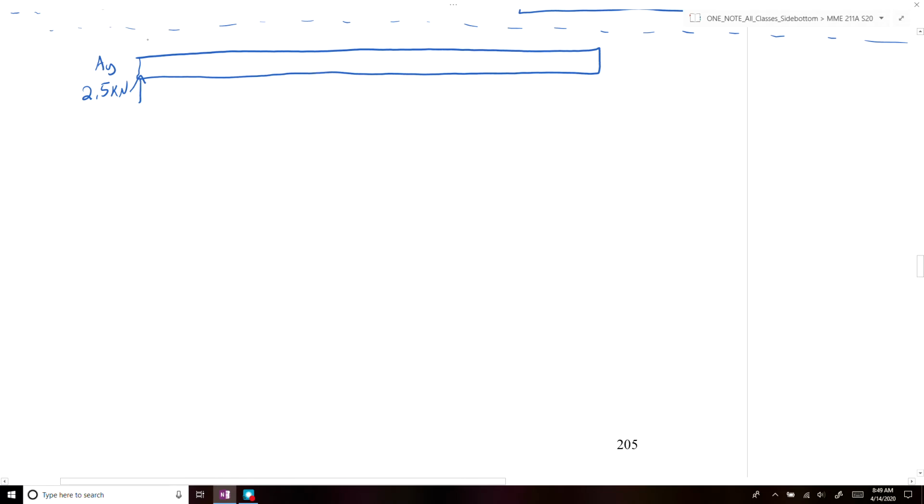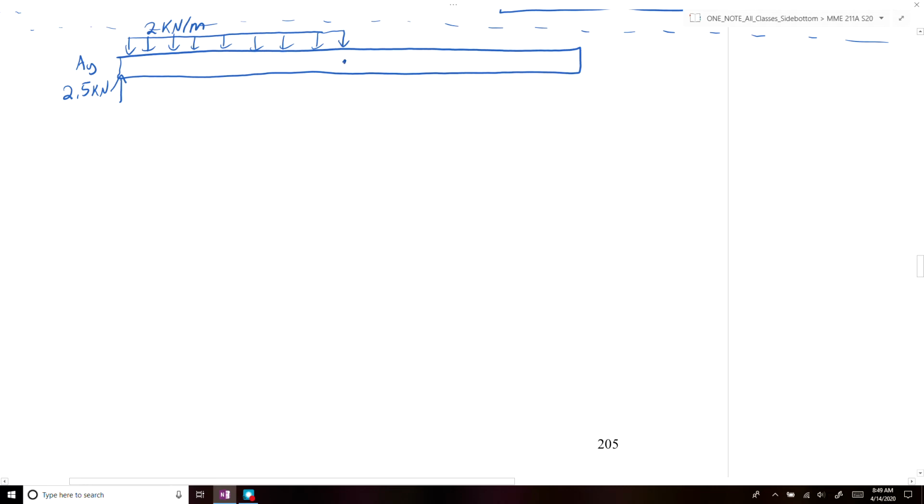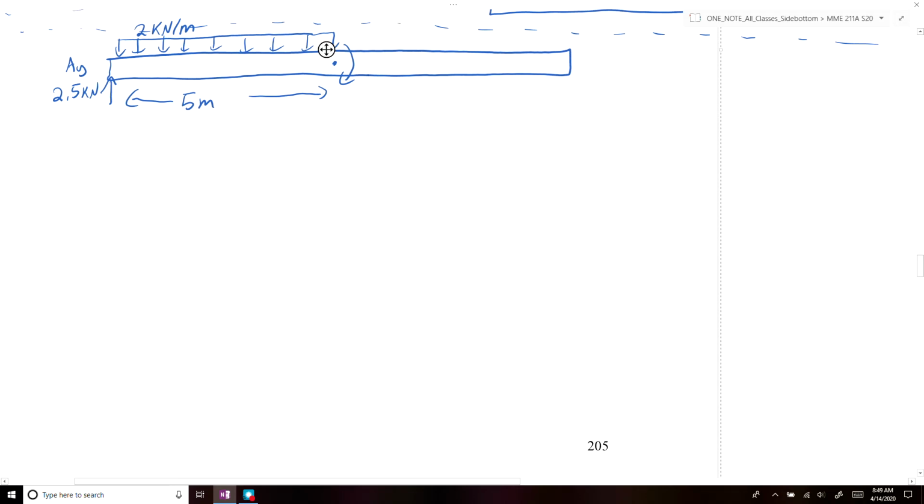We know along the section we have a distributed load of 2 kilonewtons per meter. At point B we have a couple moment of 50 kilonewton meters.